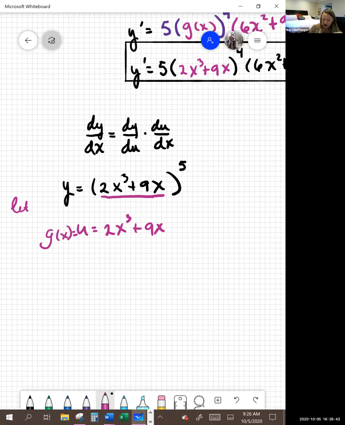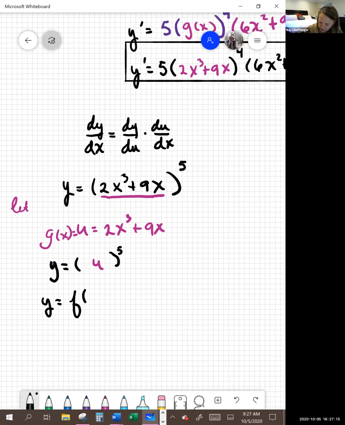And then our outer function, we're going to say y equals u to the fifth, or we can let y be equal to f of u.